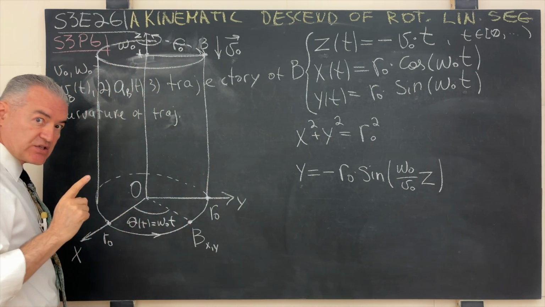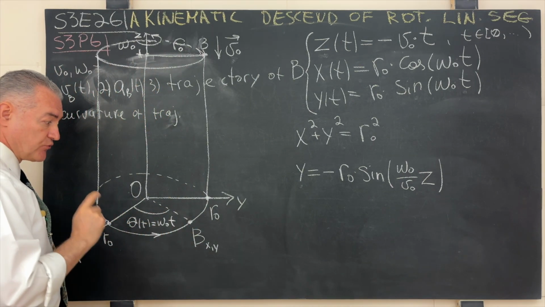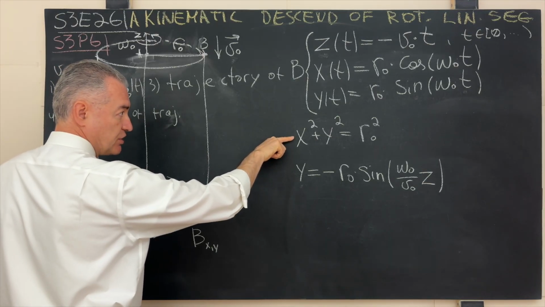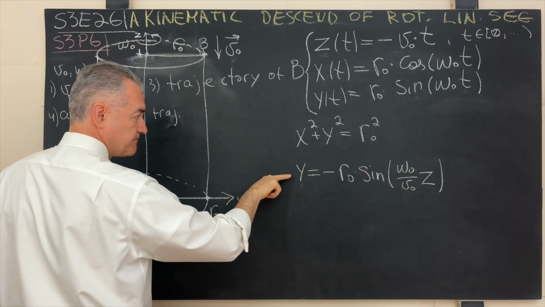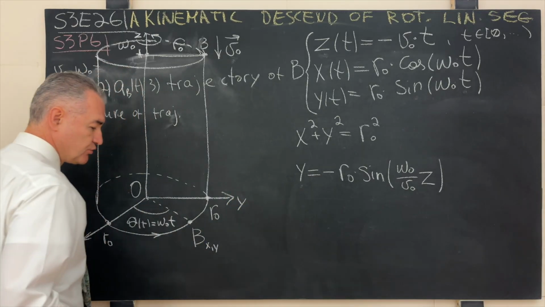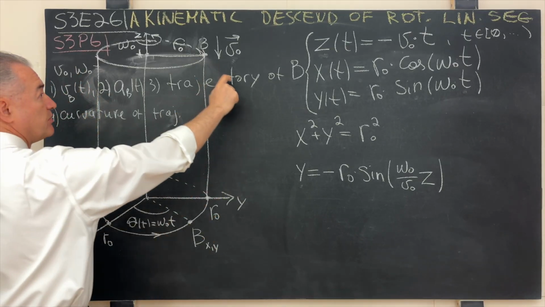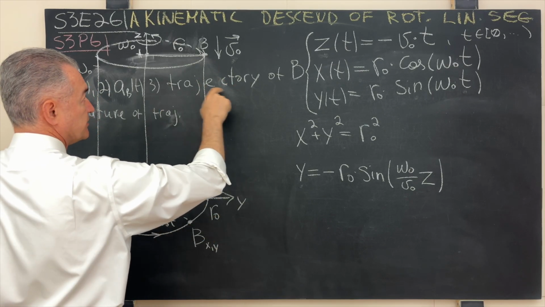Consequently, the intersection of these two cylindrical surfaces, the right circular cylinder, whose equation is captured over here, and the wavy cylinder captured over here, produces precisely the trajectory of the point B. That's what we were asked to find in item number 3.